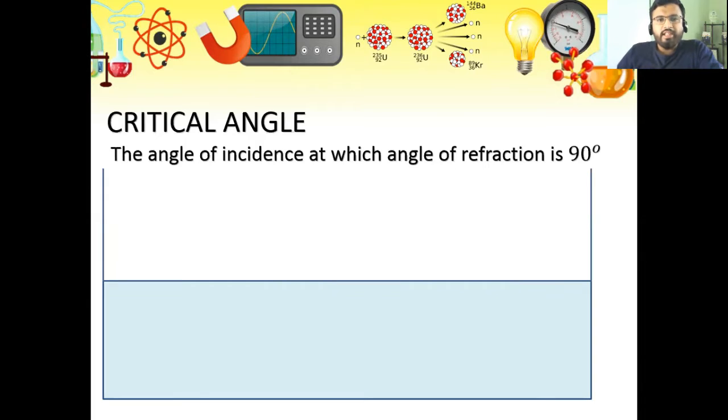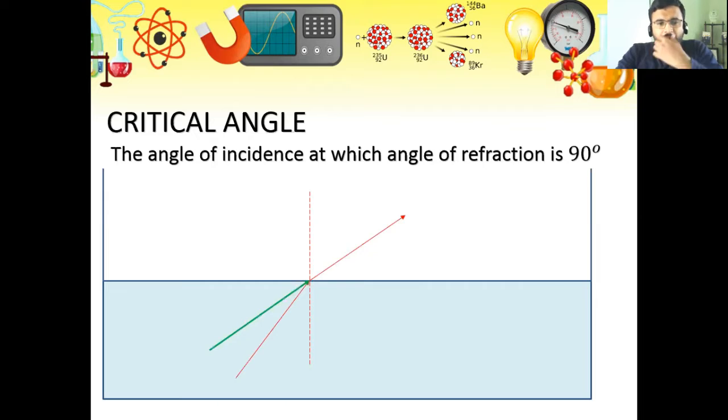Now, before we get into the details of the topic, let us define what critical angle is. Consider this container is filled partially with water, and if a light beam is incident like this, we know that it bends. The light ray will bend away from the normal.